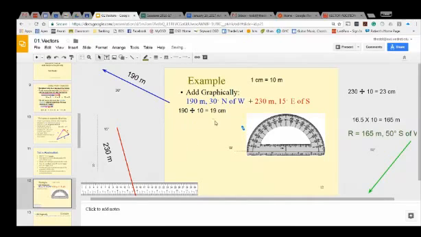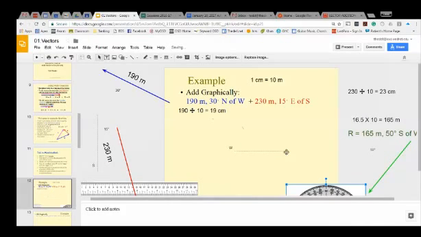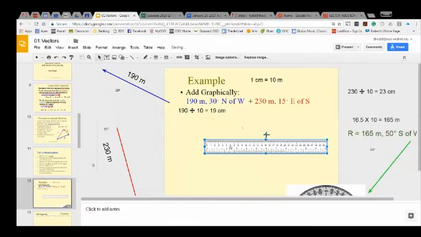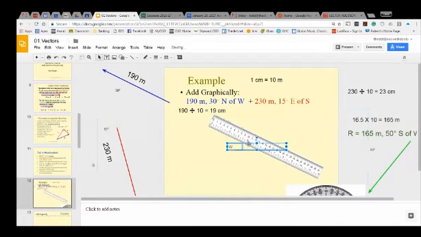My next step was to now measure from the end of the line, so I remember that I'm starting from the end there. I then take my ruler, and I need 19 centimeters. So I'm going to line that up with the tick mark.